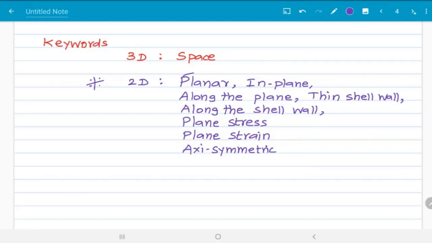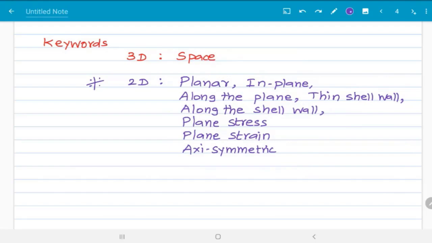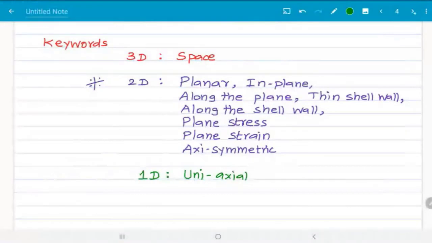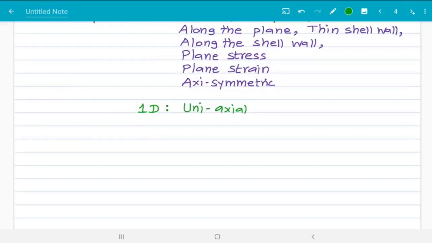So these are the keywords for 2D, and they are very important from an examination point of view. What is a keyword for 1D? Uniaxial. Uniaxial is a keyword for 1D. This identification of 1D, 2D, 3D is very important. The reason is, in case of 1D, only one principal stress will be there.